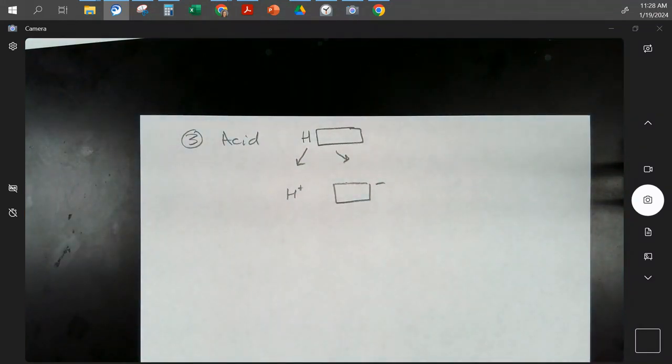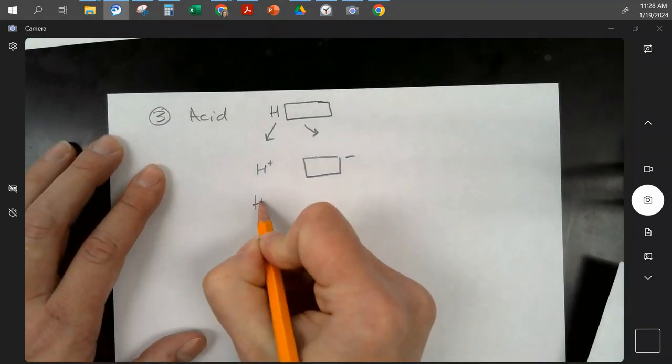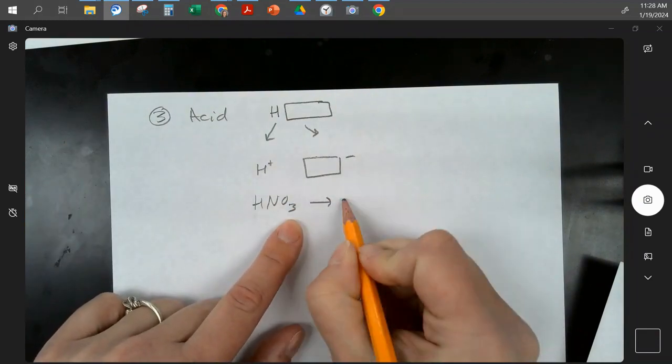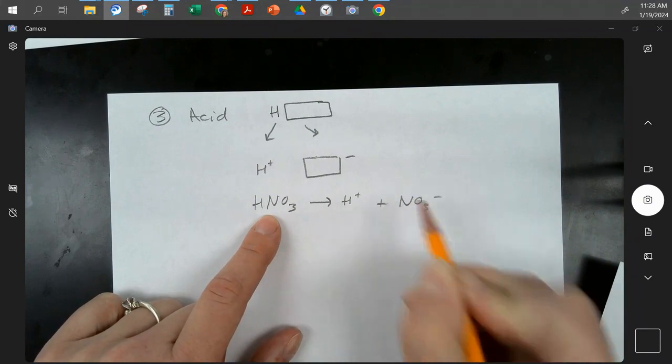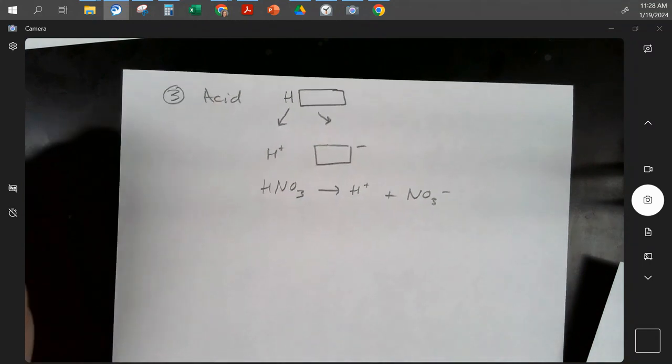So that's the pattern you're going to look for: a hydrogen at the beginning by itself. So let's look at this one, HNO3. HNO3 is nitric acid. When I add it to water, we get a hydrogen, and then we get the nitrate. Okay, so those separate. Does that make sense?